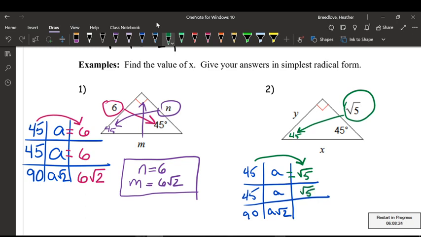So then A equals the square root of 5. And then A times square root 2 is going to be square root 5 times square root 2. But that's not simplest radical form, right? Because we can put those together. So this is the square root of 10.